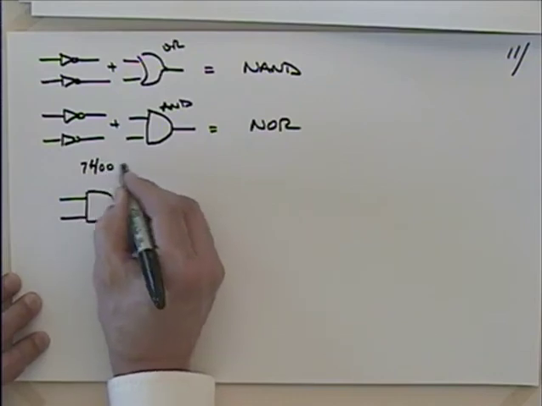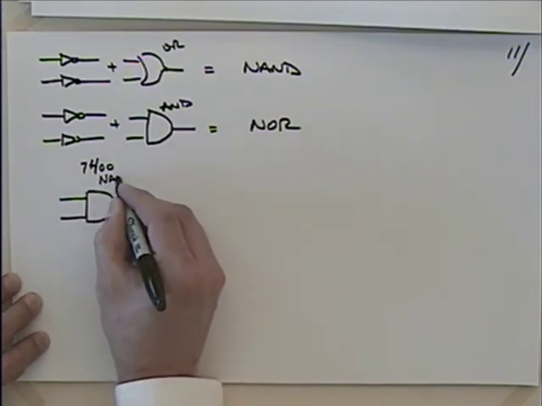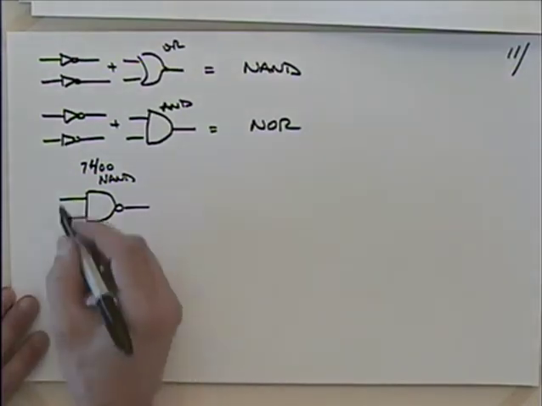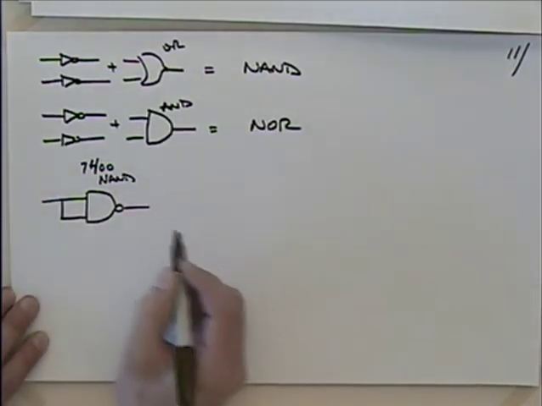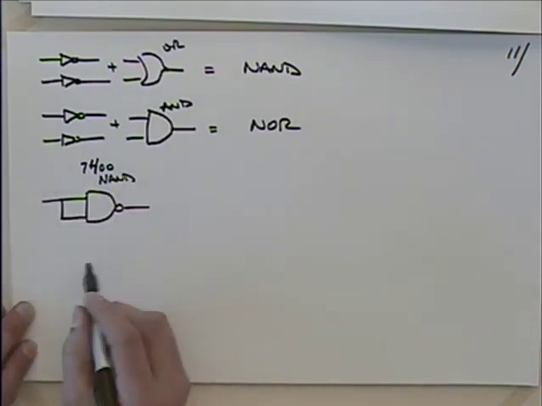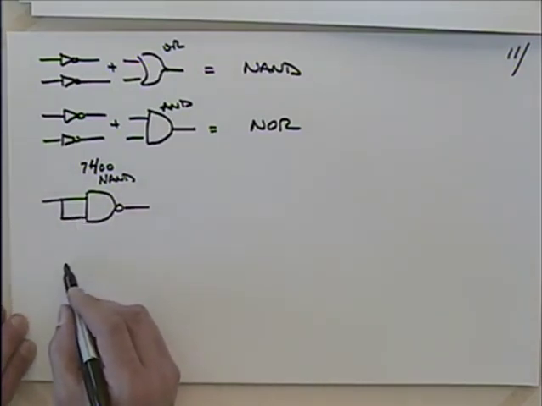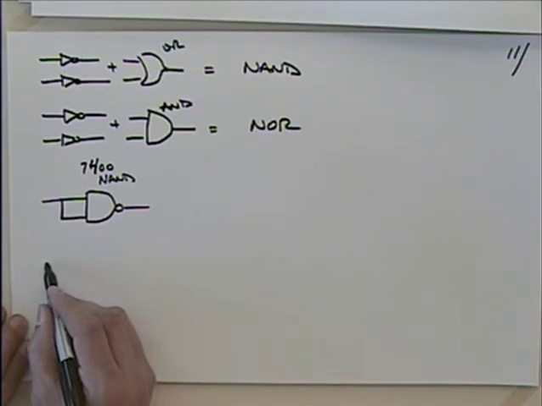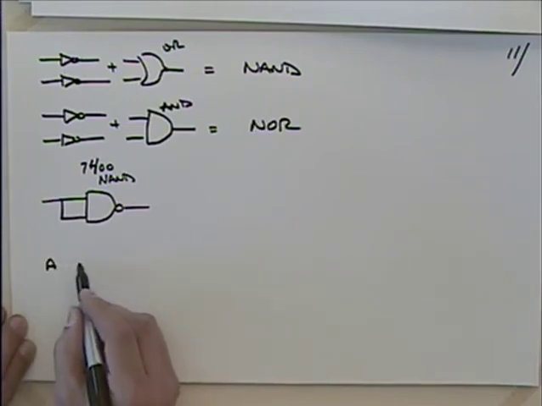There we go, 7400 NAND. Okay. And if I hook the two leads together, like that, let's see what I get out of this thing. So, what do we have for our truth table for a NAND?